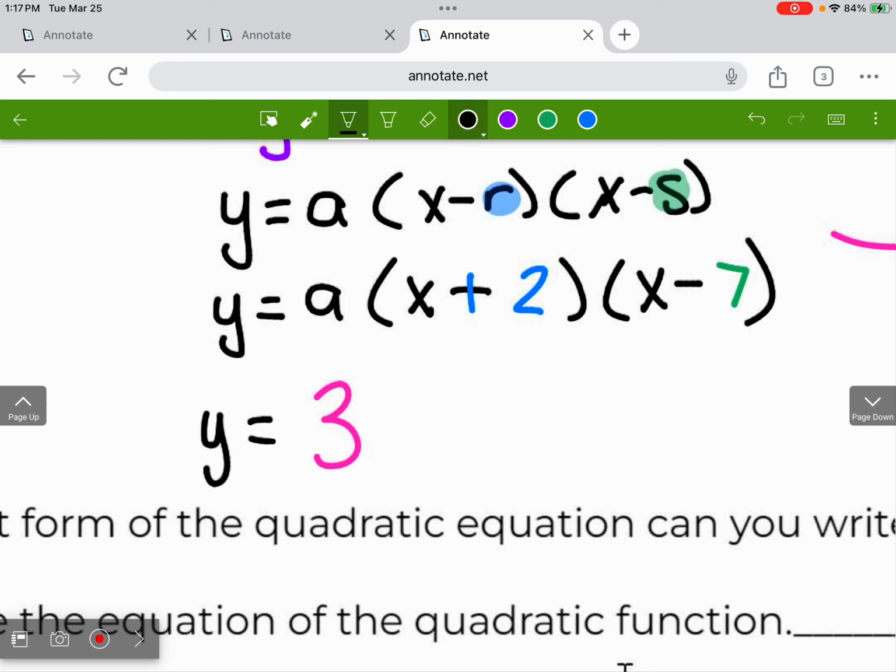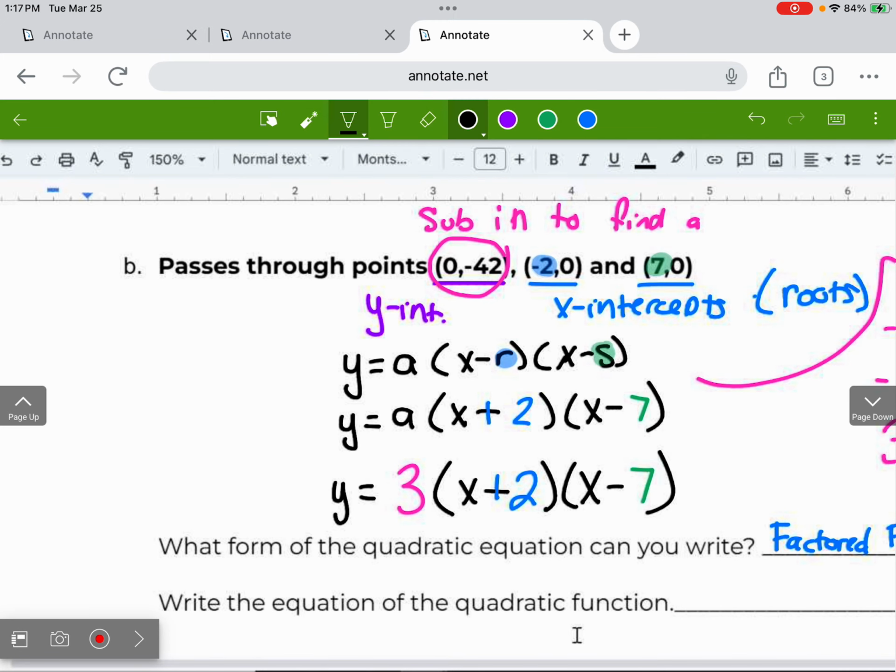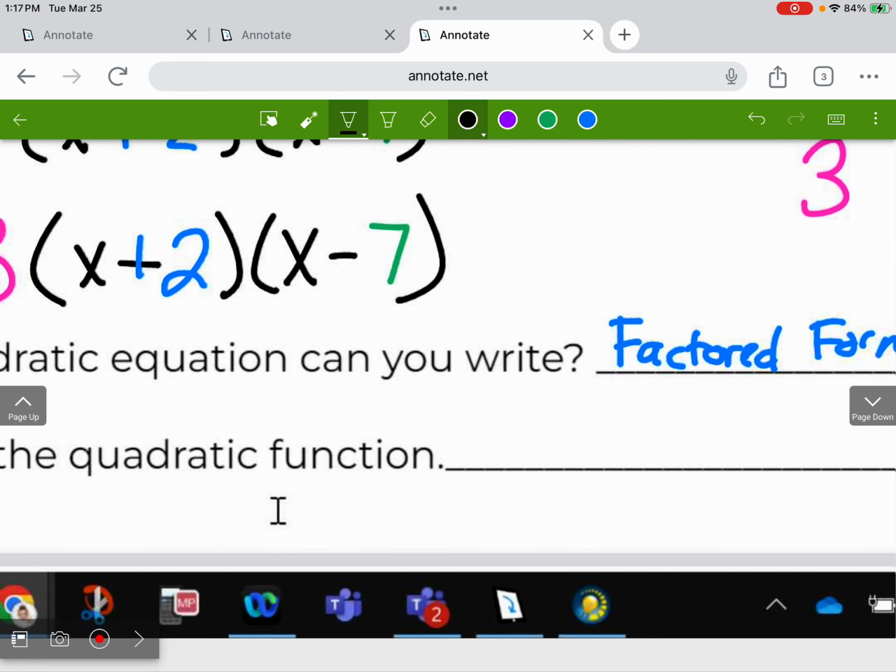Everything else is still the same. We still have our x minus -2, which is x plus 2. We still have our x minus 7. In our forms, when we're asked to write an equation, we should still have both x and y in it, but we should not have any other letters.